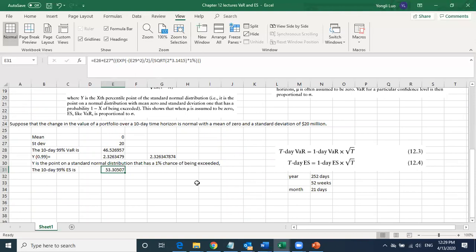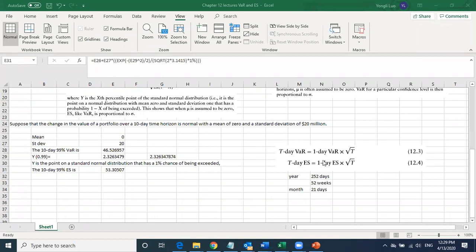When you have only the 1 day VaR, you multiply by the square root of T. For example, you know the 1 day VaR, but you want to know the yearly VaR. 1 day VaR means the maximum loss that could occur during 1 day. So what about the loss that could occur during that year?